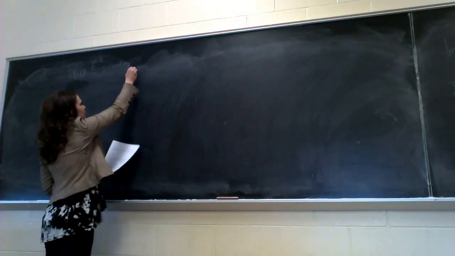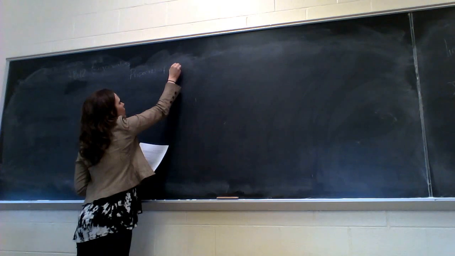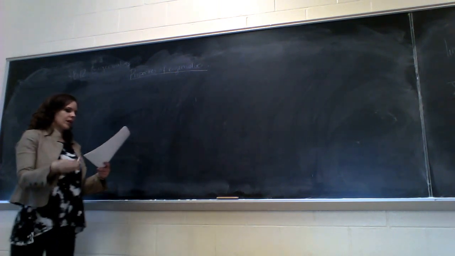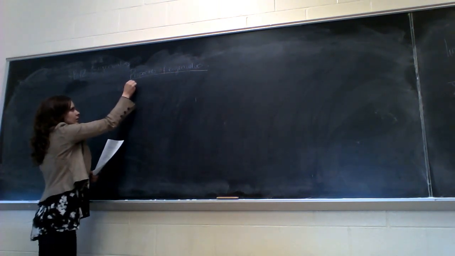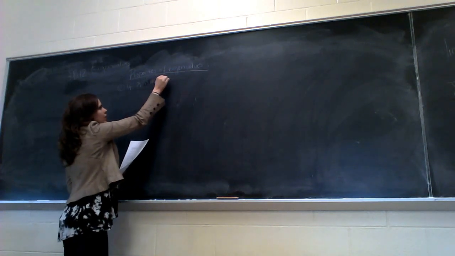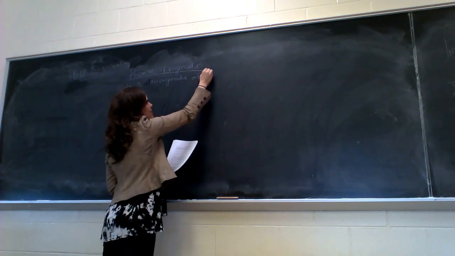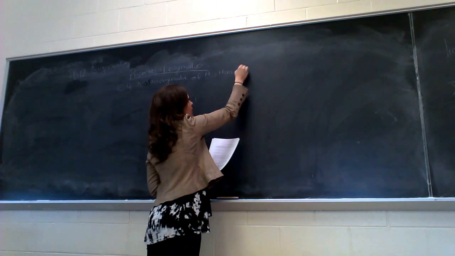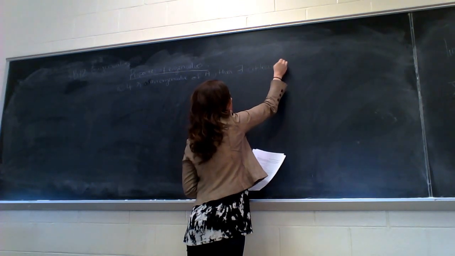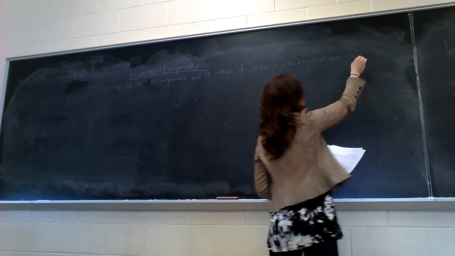So, properties of eigenvalues. Okay, so the first one is if lambda is an eigenvalue of A, then there exists at least one eigenvector of A corresponding to lambda.